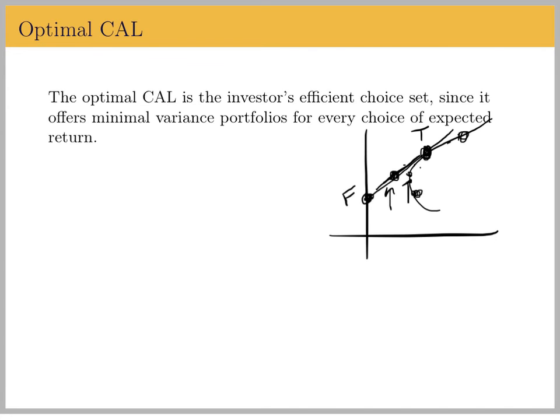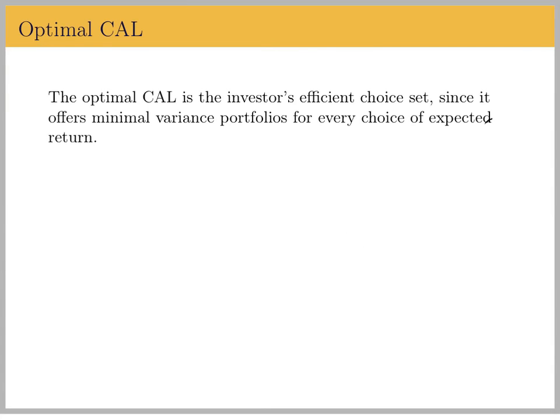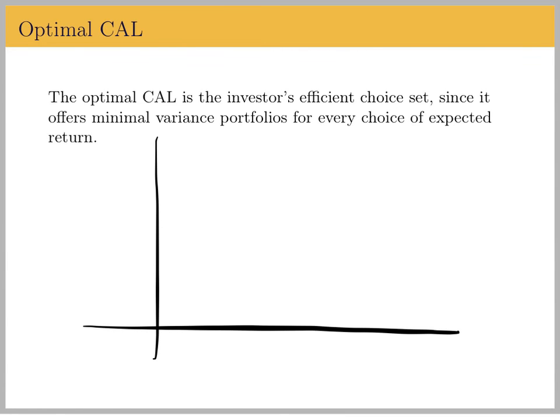And so if I make this plot bigger, actually, let me just erase this one and make this a bigger plot so that it's a little bit more clear. If I have D and I have E in some frontier here, and here's the tangency portfolio.